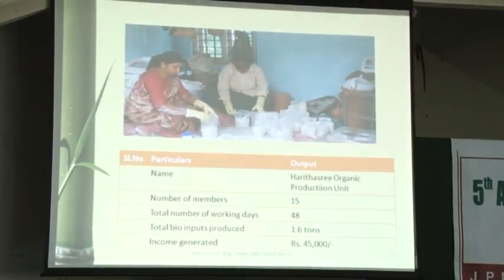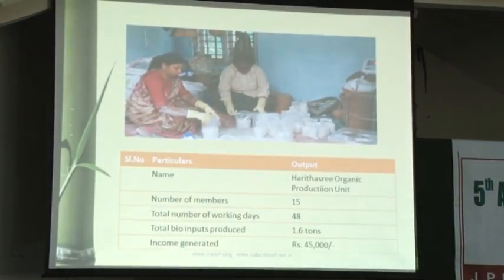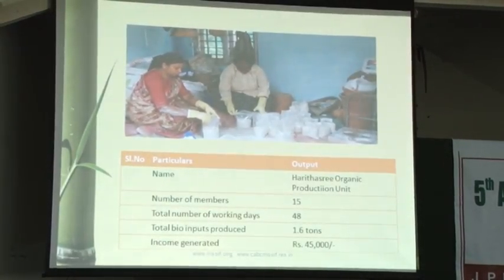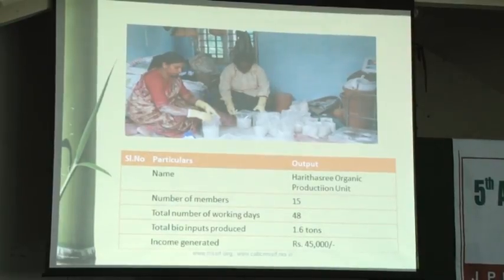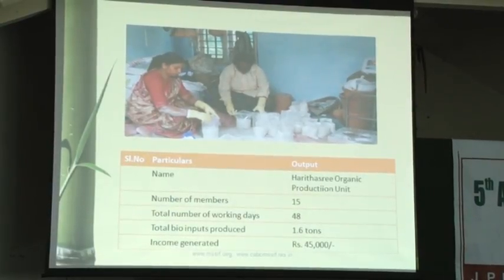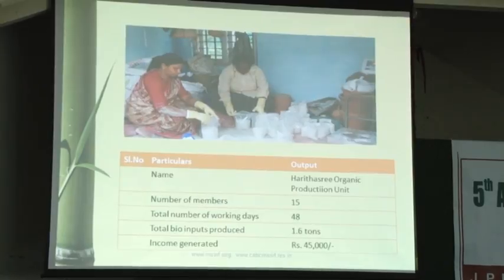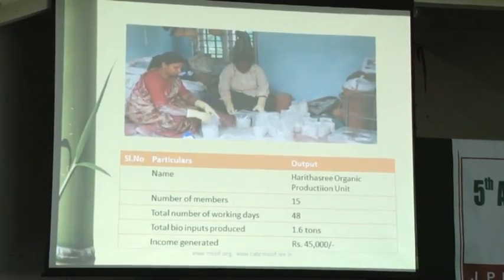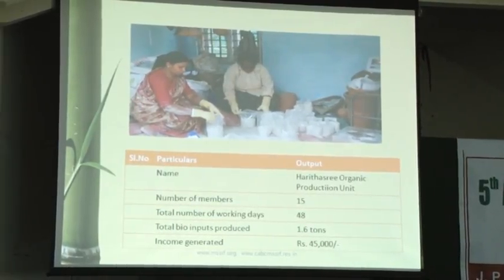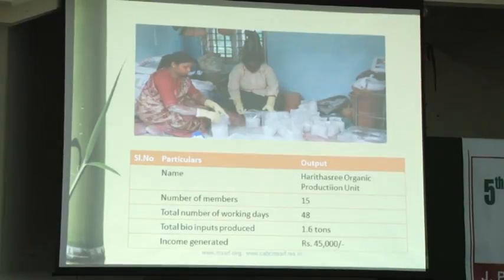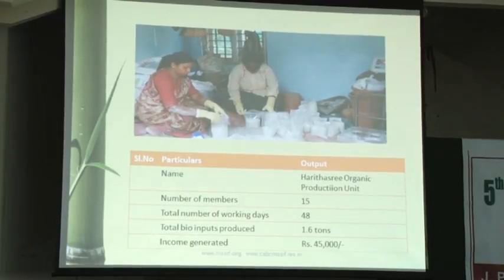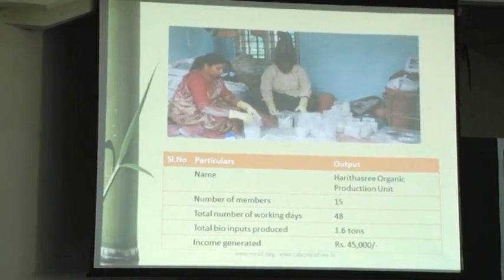In a cost benefit analysis for one year, the running year that I am mentioning here, we could produce about 1.6 tons of bio inputs altogether. There are 2 groups of 15 members involved, and they could get a total of 48 working days.